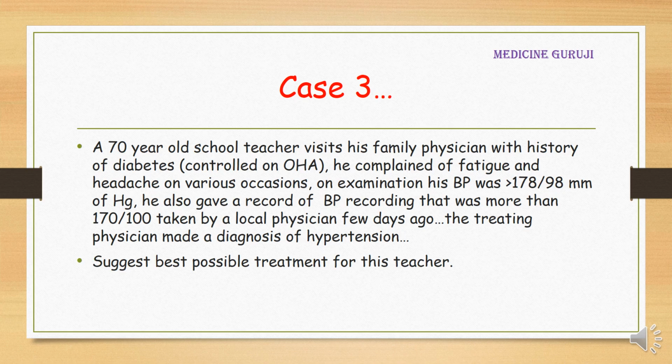He also gave a record of BP recording that was more than 170 by 100 taken by a local physician few days ago. The treating physician made a diagnosis of hypertension. Suggest best possible treatment for this person. I think now it must be clear to you. Use your mind. Try to answer this question by yourself.